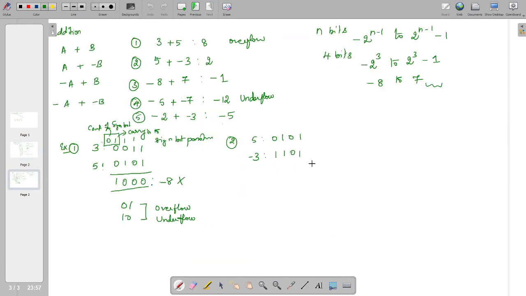How I directly wrote it is, I've just taken this value minus 8 and I want to arrive at minus 3. To convert this into minus 3, I have to add 4 and 1. So add 5 to minus 8, you get minus 3. So I've just put 1 in these positions and the remaining positions were filled with zeros. That is how this number was arrived at.